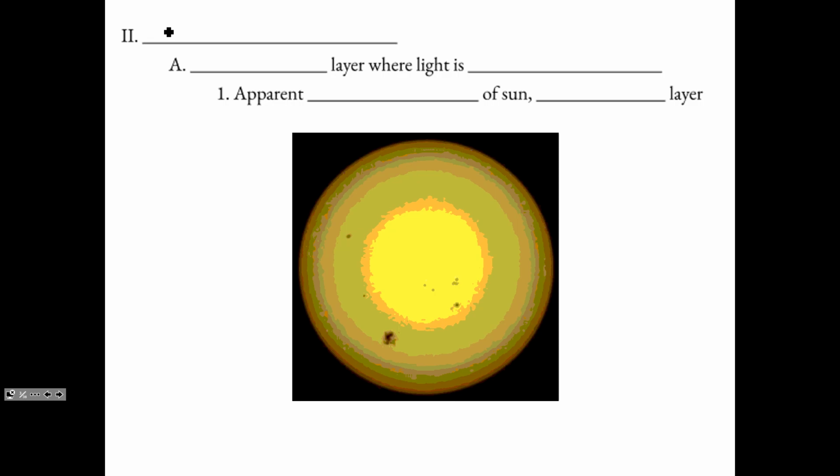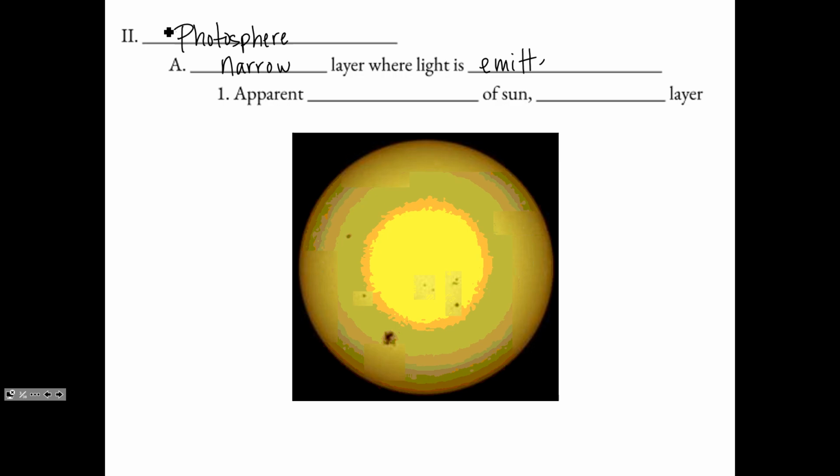All right, let's start with the photosphere. The photosphere is what we think about as the surface of the sun, in a way. Let me explain that a little better. It's a narrow layer, not a very thick layer, of the sun's atmosphere where light is emitted.